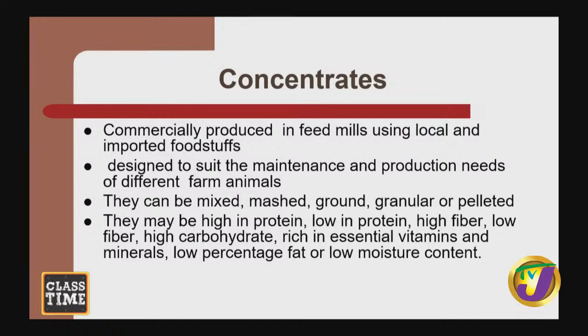Or the concentrate could be high in protein, that is for younger animals, or it could be low in protein for older animals. The concentrate could be high in fiber or low in fiber. It could be high in carbohydrate and also very rich in essential vitamins and minerals. Different types of concentrates are out there, students, so that we are able to meet the needs of our animals.